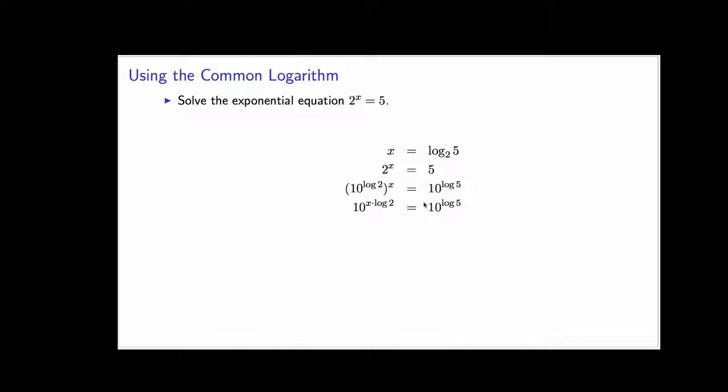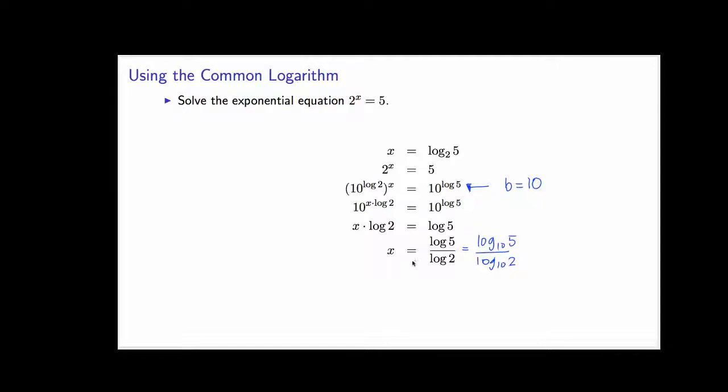Now we've written our equation as an equation where each side has a common base, so we have a base of 10 on both sides of this equation. We can now equate our exponents, so we get that x times log 2 is equal to log 5, which gives us that x is equal to log 5 divided by log 2. Remember, these are our common logarithms, the log base 10 of 5 over the log base 10 of 2, and that's because when we used our properties of logarithms, we were using the base 10 or common log.